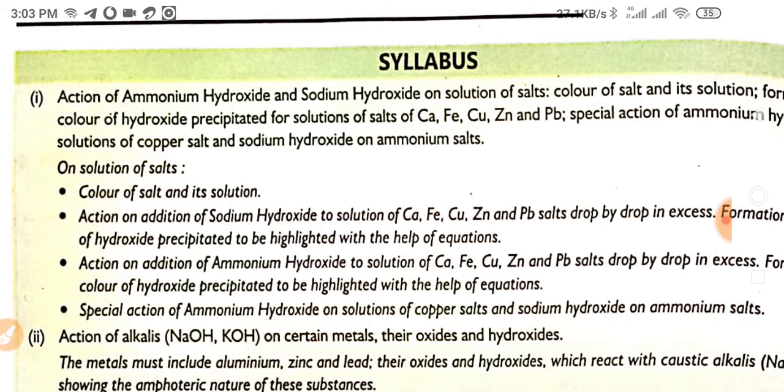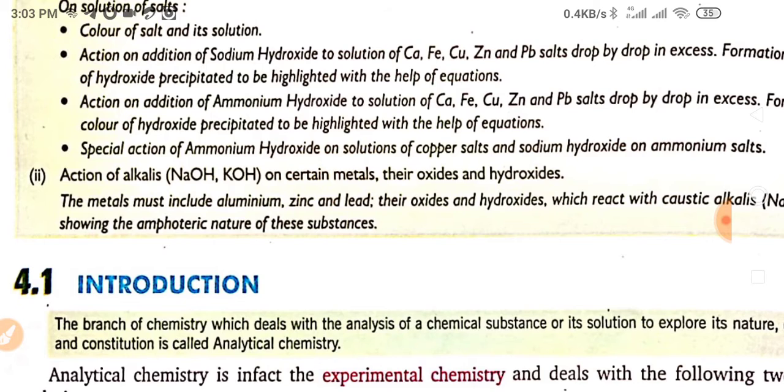On solution of salts, color of salt and its solution, action on addition of sodium hydroxide to solution of calcium, iron, copper, zinc, and lead. These things you have to read in this chapter, and action of alkalis also, like sodium hydroxide and potassium hydroxide on certain metals, their oxides and hydroxides.